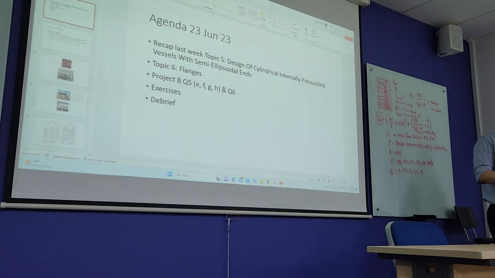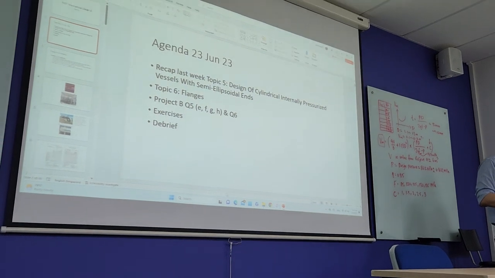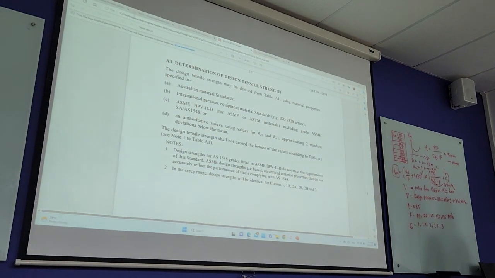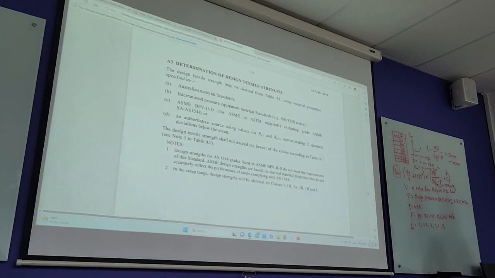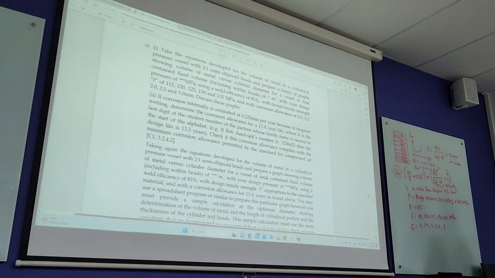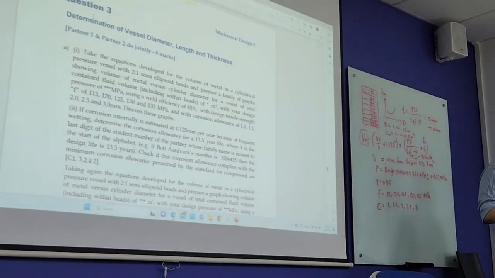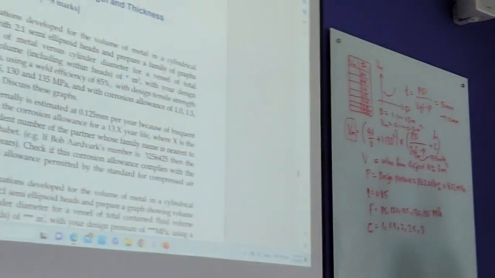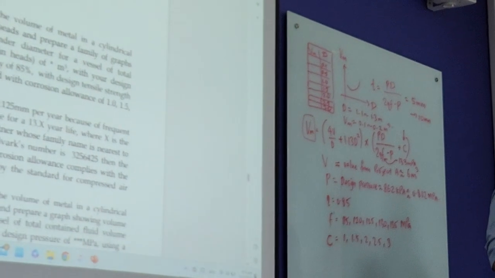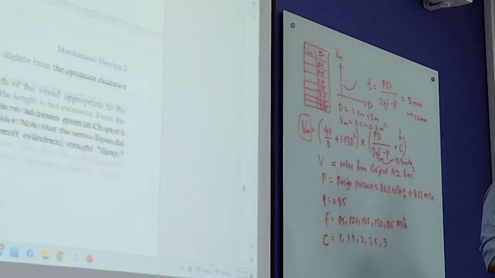Okay, so let us go through this, because today I need to cover flanges, especially for this question. Now we want to talk about the question here. I believe for question 3, just now you tried, I saw some of you, the working shouldn't be any problem now.